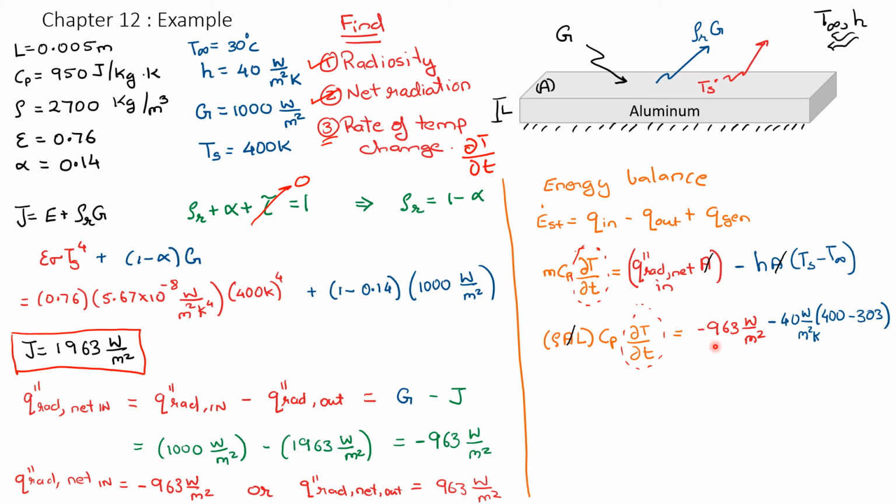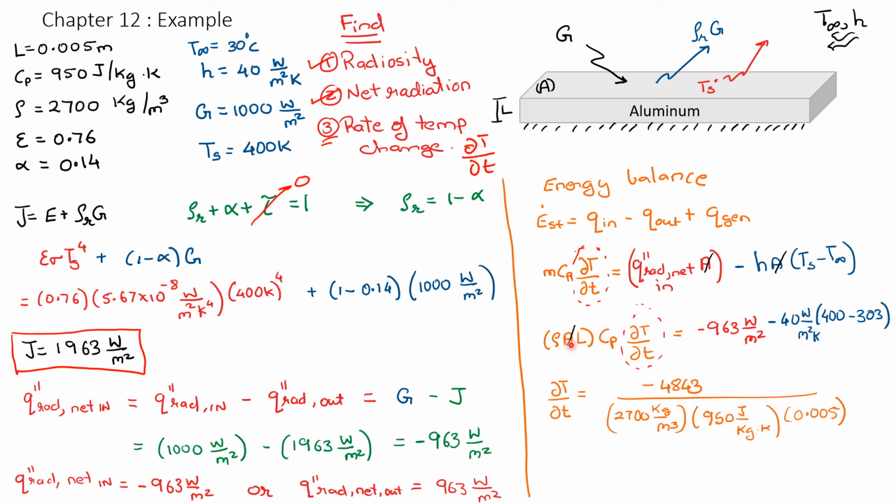So moving on, our Q in is minus 963 watt per meter square, minus our heat lost by convection, which is 40 times the temperature difference, that's 400 Kelvin minus 30 degrees Celsius, which is around 303 Kelvin.